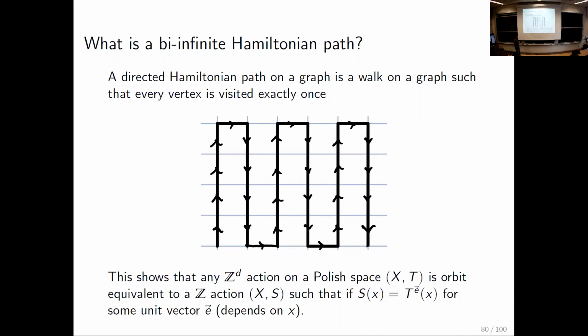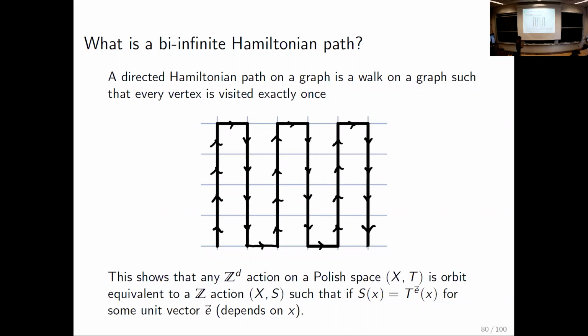And in fact, you can actually do this in a Borel manner, so you can do this even when you don't throw anything away. What this tells me is that if I have any Z^d action, then I have a very nice Z system which gives me the same orbit structure.